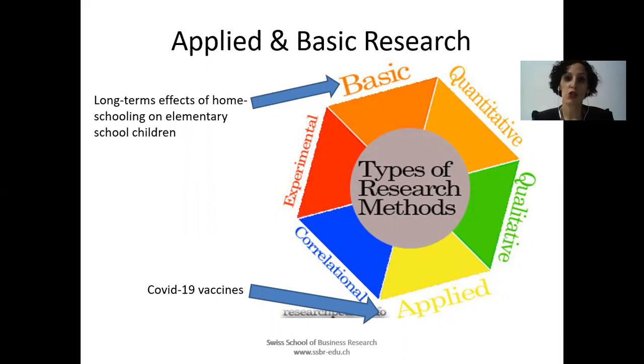However, basic research is, for example, a psychological study that can be done over the course of 10 or 20 years, to see the long-term effects of homeschooling on elementary school children since they have been quarantined and their parents have had to homeschool them for months at a time. Those are 2 examples of applied and basic research.